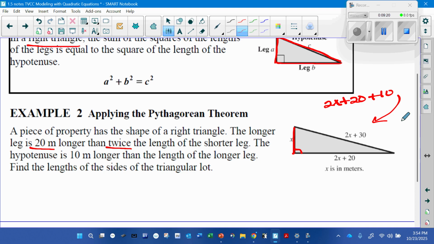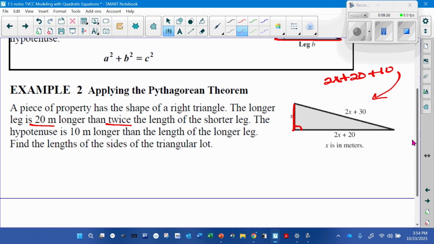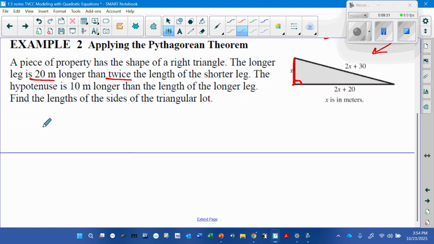Now it says to find the lengths of the sides of the triangular lot. So we need to find what x is so we can actually see the dimensions of our property. So we're just going to plug that in and see. We'll call this a, we'll call this b, and this is our c.